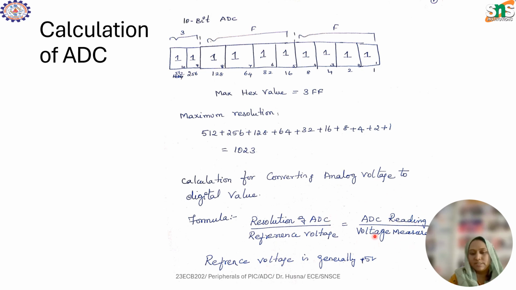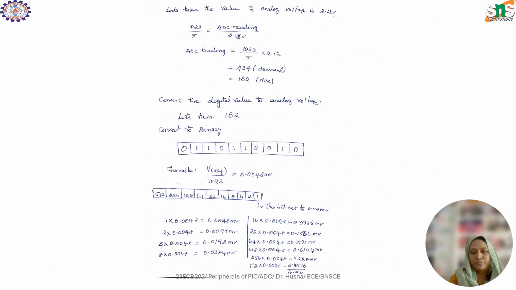We assume the reference voltage is 5 volts. For a voltage of 2.12, 1023 divided by 5 equals the unknown ADC reading divided by 2.12. Solving this, we get the decimal value 434 and the hex value.